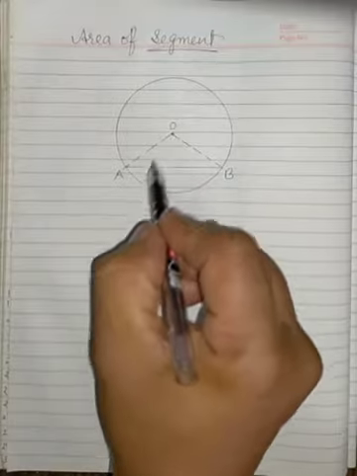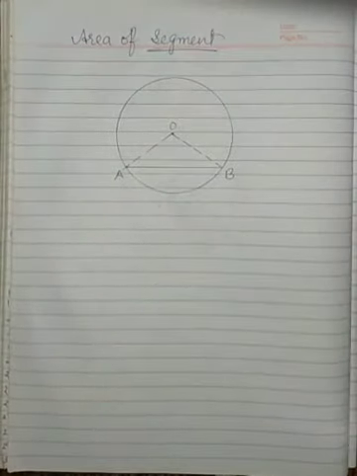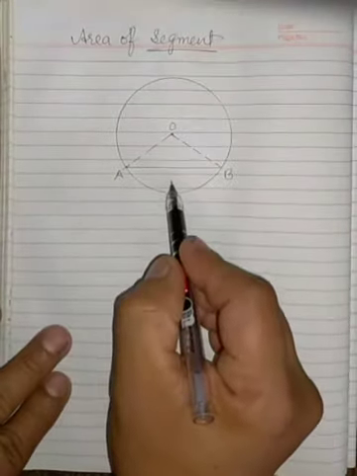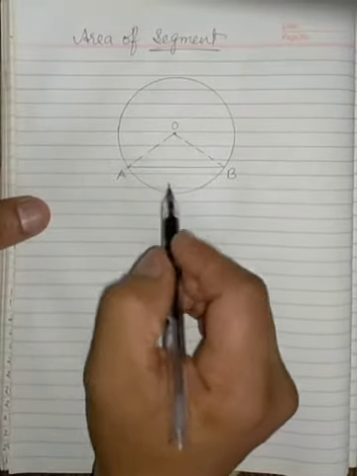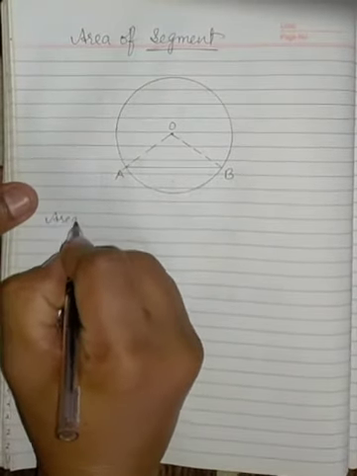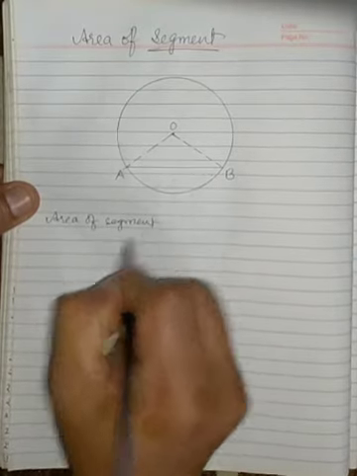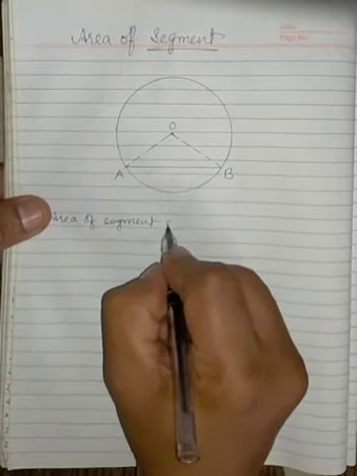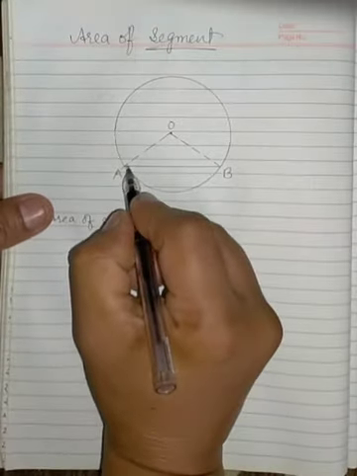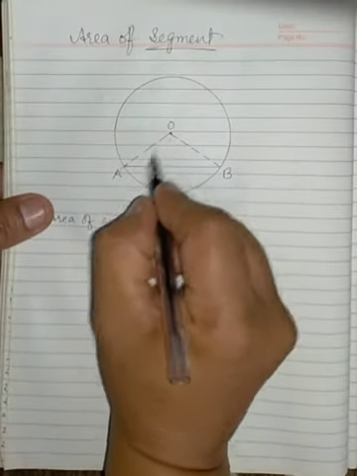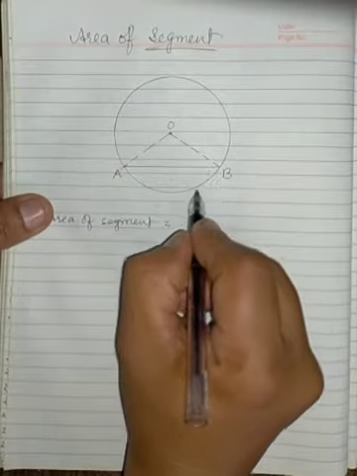So we get a triangle AOB. And to get the area of the segment, this part, what we can do is, when we join A and B to O, we get AOB as a sector.